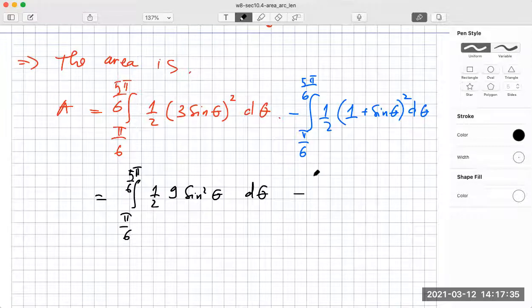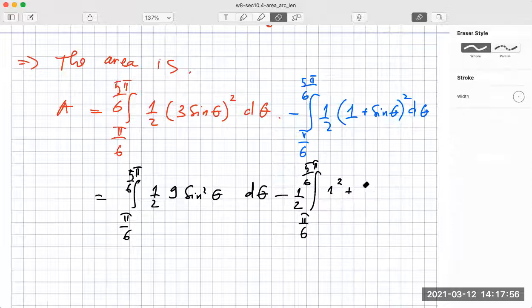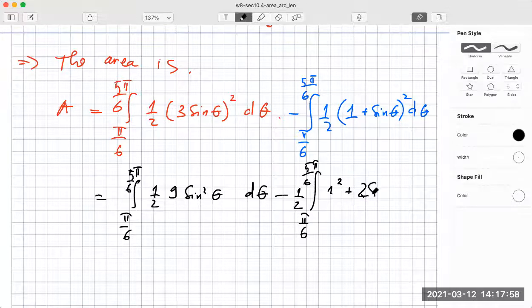Minus here, this is a perfect square, right? We can expand it. The 1/2 we can take out of the integral, right? So it would be 1 squared plus 2 sine theta plus sine squared theta d theta.